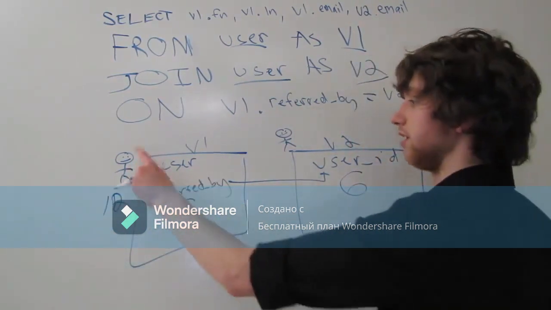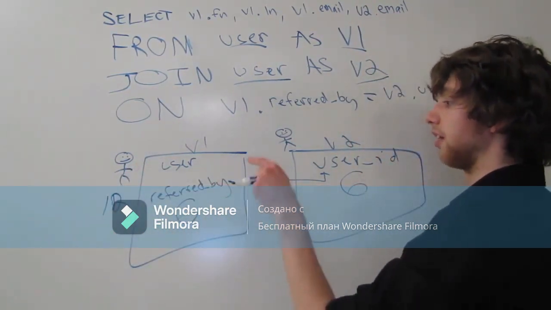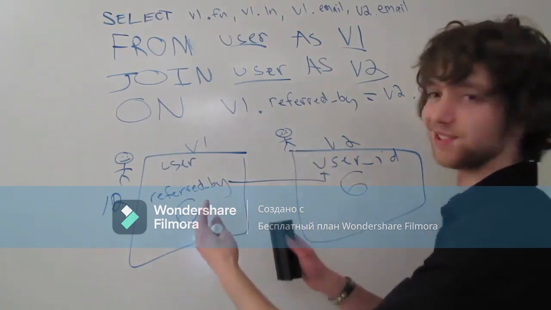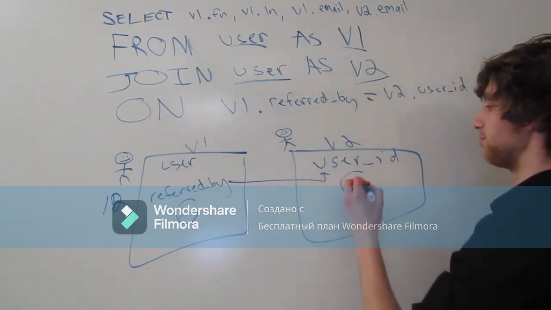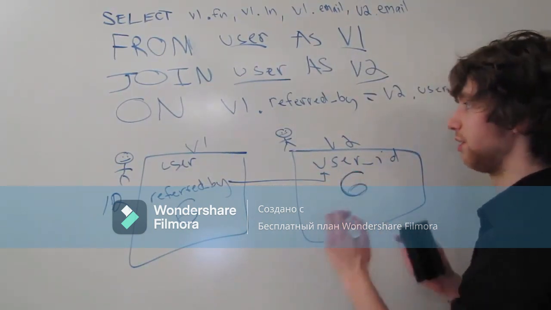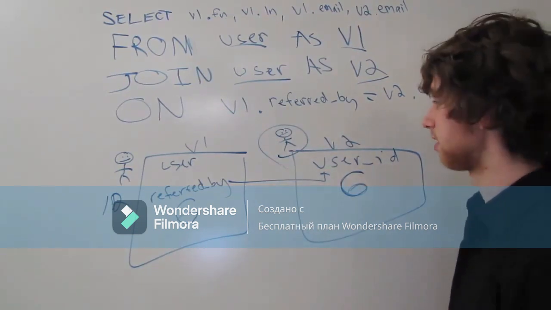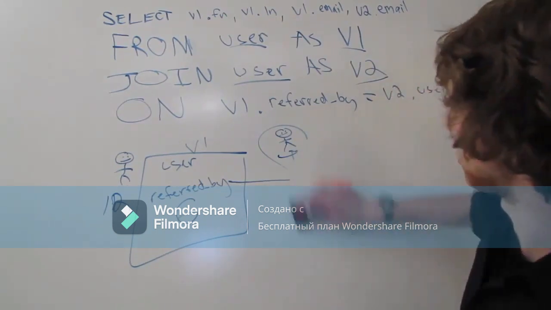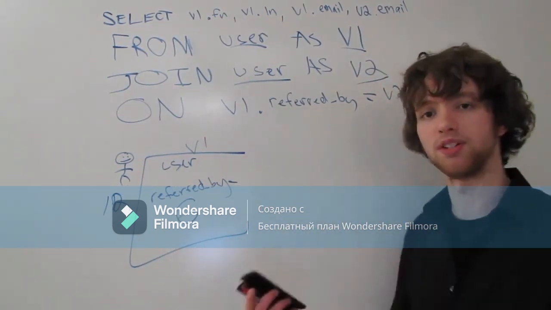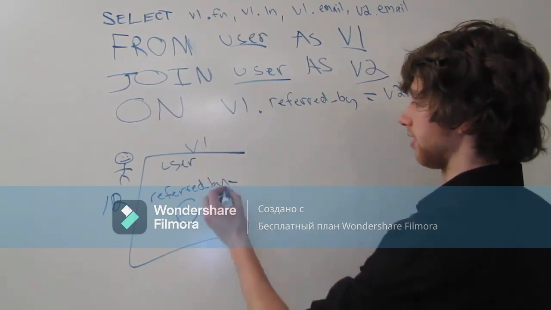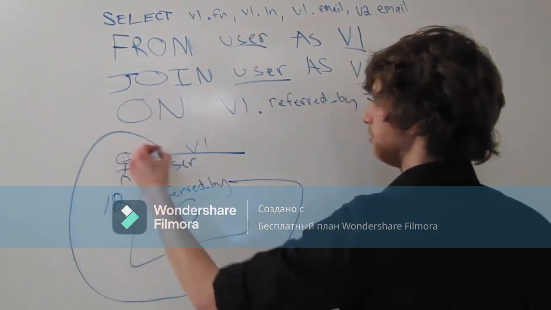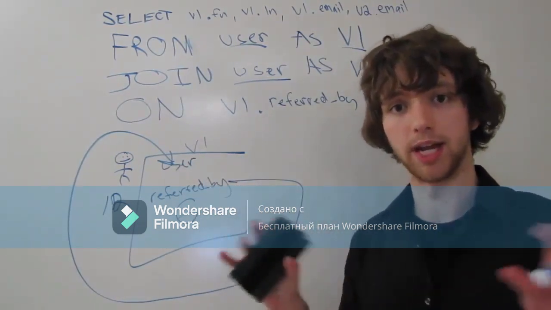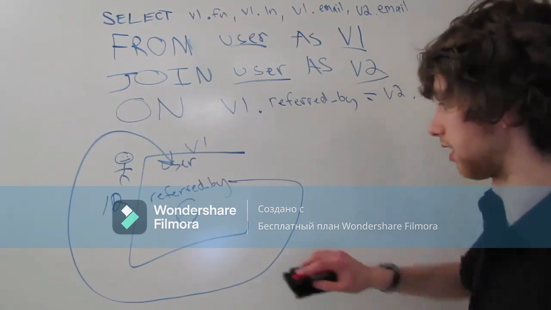So Samuel has the ID of 12, and he was referred by the person with the user ID of 6, and this other table, which is also the same user table, is going to refer to the person with the ID of 6, which is this guy. Hopefully that makes sense. But in reality, you're not going to have two exact copies of the data. It's smart enough to understand that these are all one table, so it's basically going to take that referred by and then go back to the user column and join that into what would look like taking two tables and putting them together. That's why it can get kind of confusing.